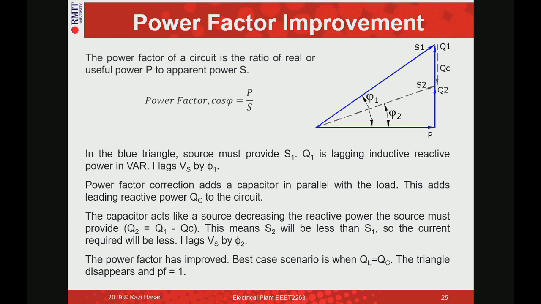Power factor means cos theta will change from 0.8 to 0.9. Cos theta needs to change means you need to change your theta. So the new theta is actually that phi 2. If you change your theta, then you can see that your Q is changed to Q2 and your S is changed. Now we calculate QC, that is, how much power factor correction we need.